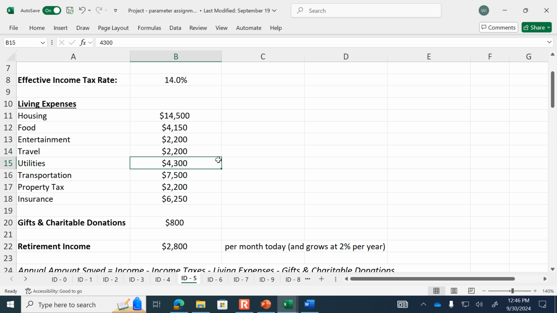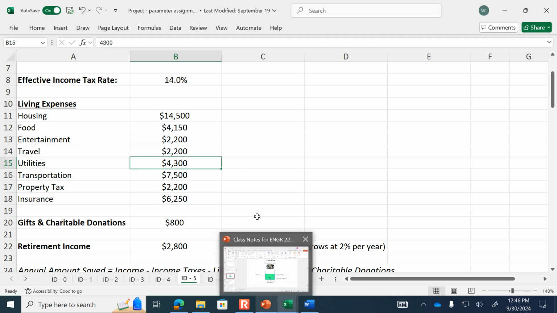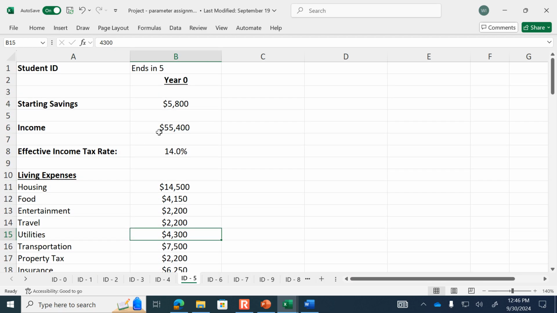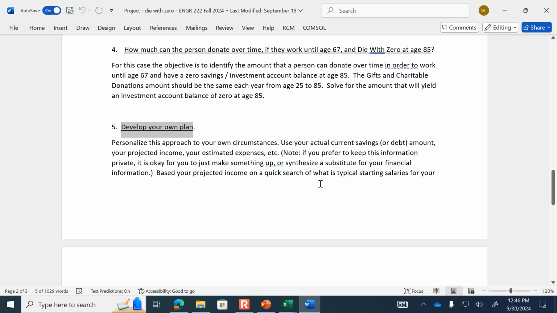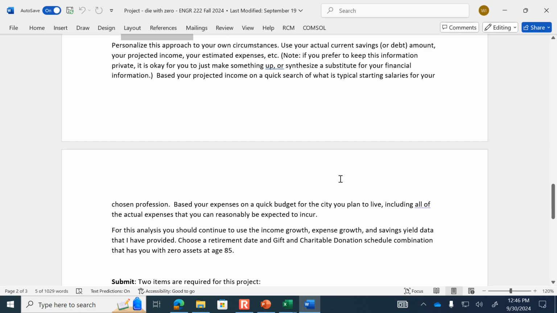Do some independent thinking and research and find out what are going to be your expenses, what do you suppose your starting salary will be, and figure out an optimized way to die with zero assets at age 85, whether that means retiring early, giving away a lot of money while you are in your living years, or whatever the case may be.